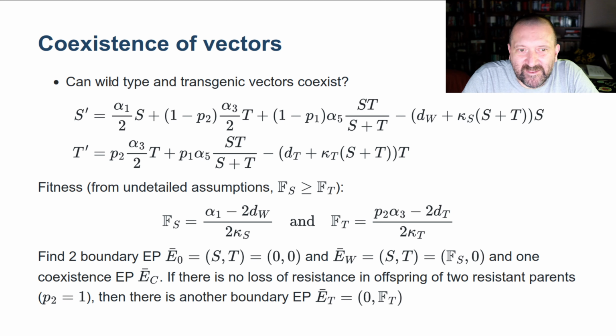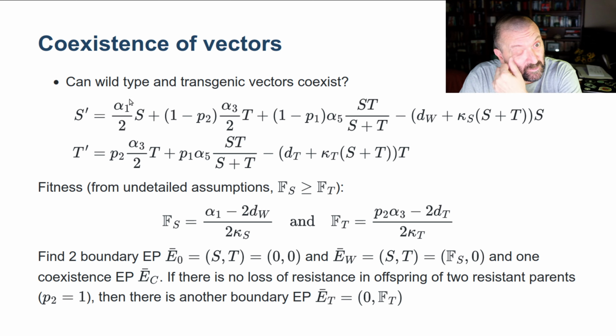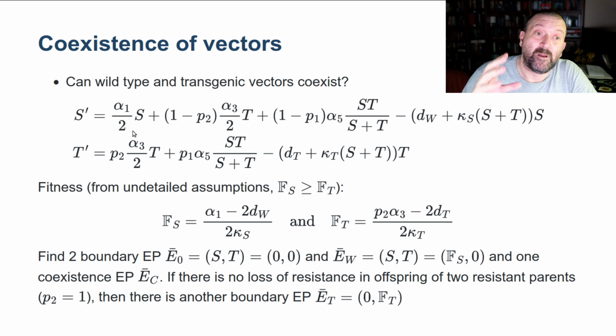So, and that's where what I was describing, the dynamics of the population of wild type and transgenic mosquitoes is complicated. This is just the population dynamics of those species. There's no disease here. What it's saying is that there's a certain birth rate. So if you take the wild type, there's a certain birth rate that results from mating of wild type and wild type.